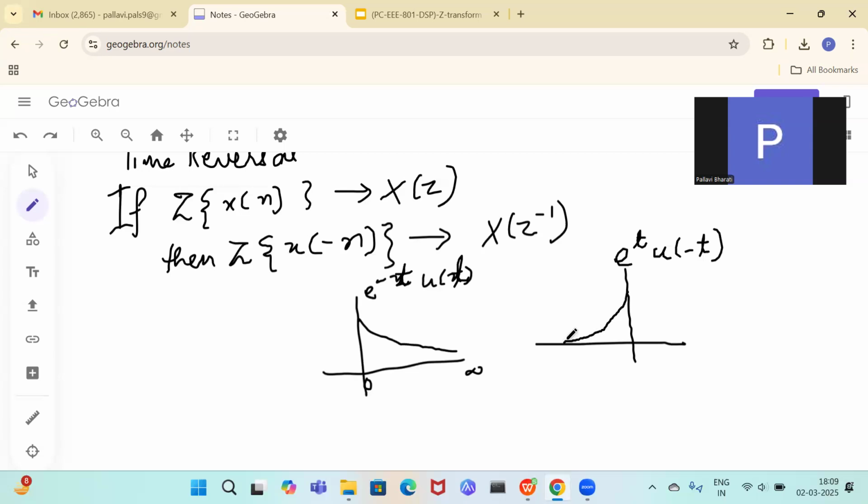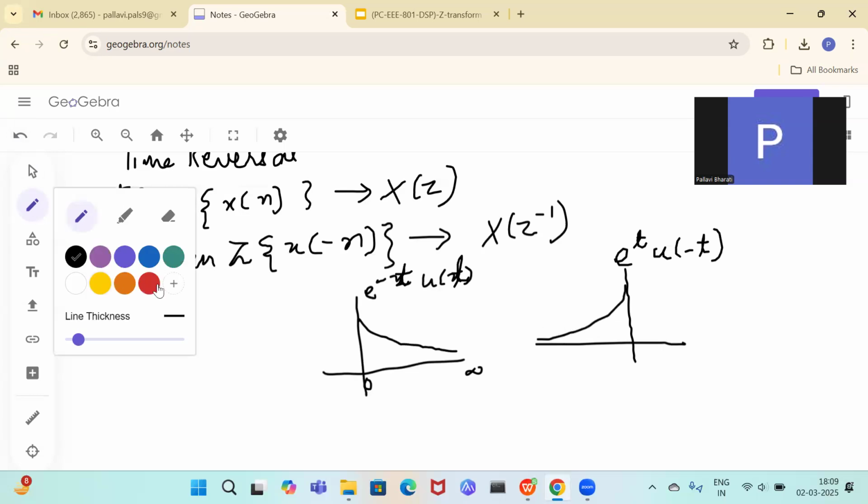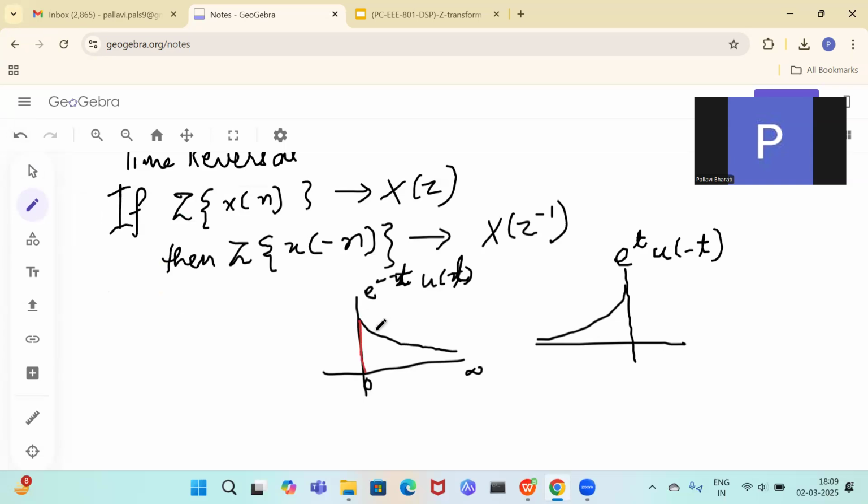How it happens in the discrete time domain is that you're just taking the sampled portions of the signal. If I take the same signal and convert it into the discrete domain, I have taken a sample here, here, here.